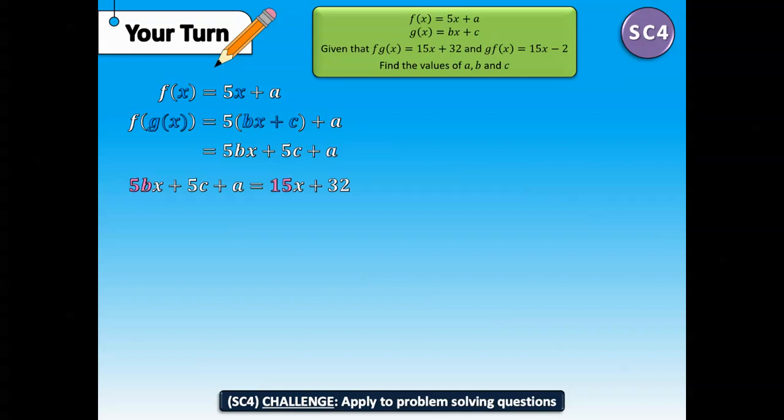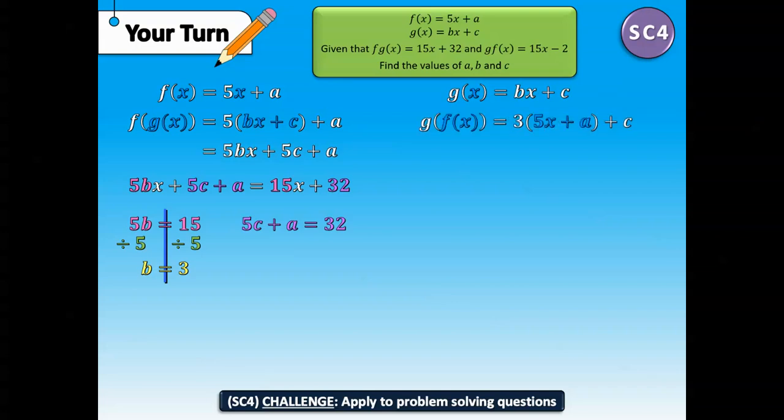So we know that 5b must equal 15, and 5c plus a must equal 32. So if 5b equals 15, that means that b must be 3. Now 5c plus a equals 32.